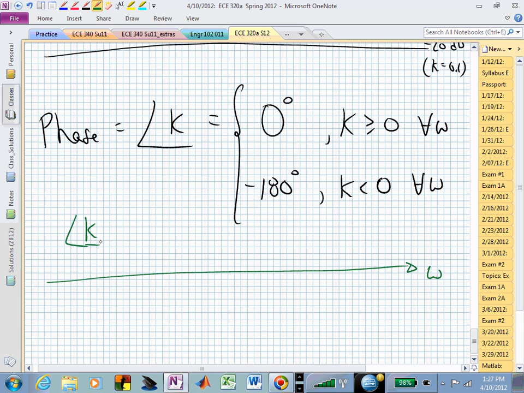So now the angle of K would either be 0 degrees if K was non-negative, or it would be down here at minus 180 degrees if K is less than 0.